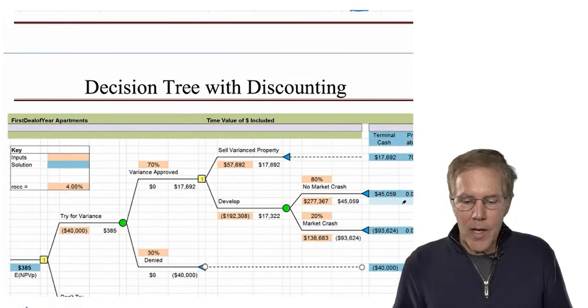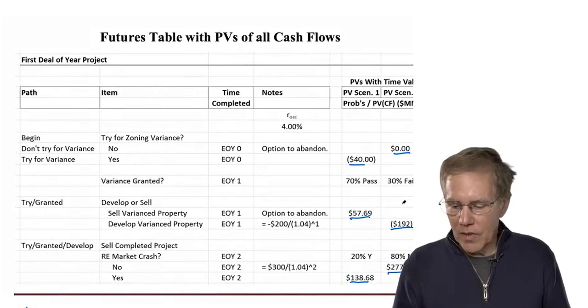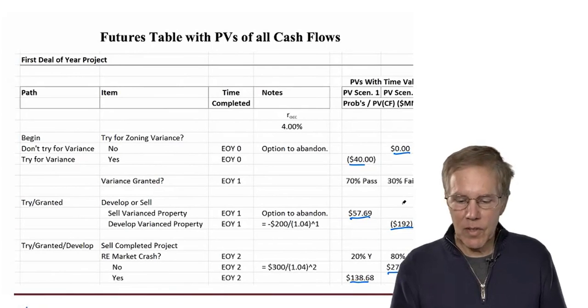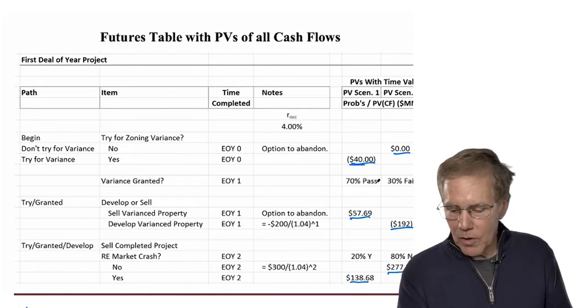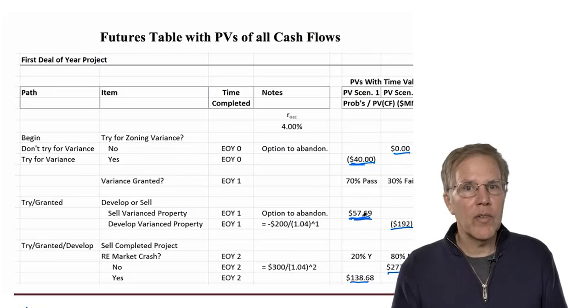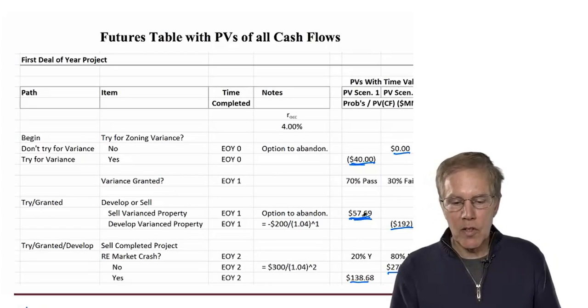All right, so what I do next, and I'm going to go ahead and show you this in the Excel, is I'm going to replace all the numbers in my tree. I'm not going to make any other changes except to replace these numbers with the numbers discounted back to t equals 0 at 4%, and we'll see what that does to the tree.